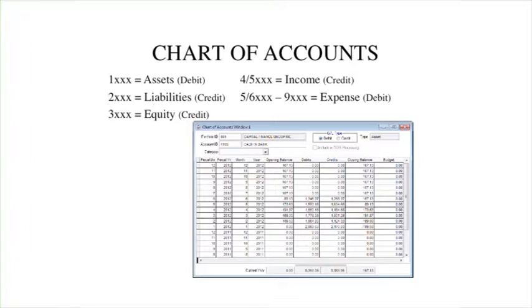If it starts with a 3, then it's going to be an equity account. And if it starts with a 4, it's going to be an income account. If it starts with a 5, it may be an expense, or it may be an income account, depending on how you've set up your management level settings. I'll show you that in just a moment. And anything that starts with a 6 or higher is going to be an expense.